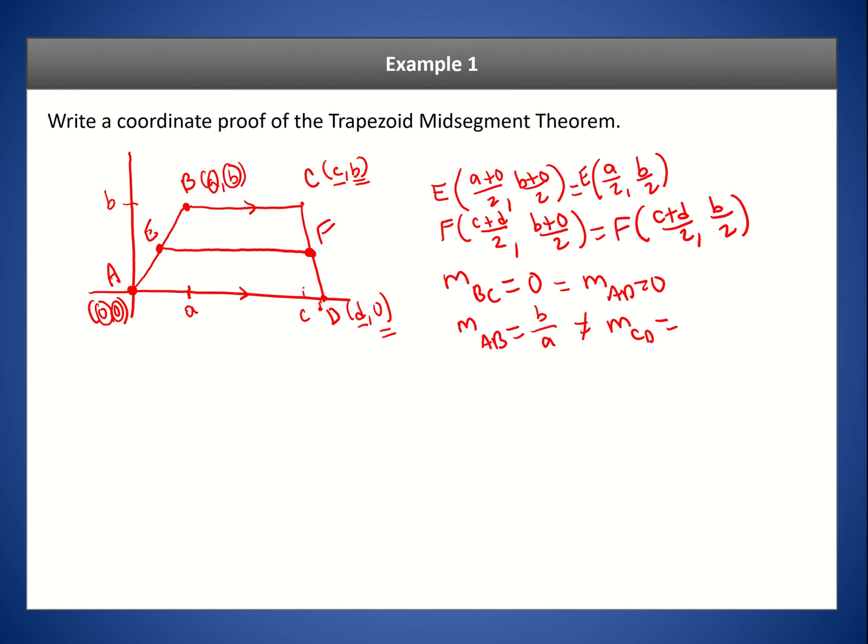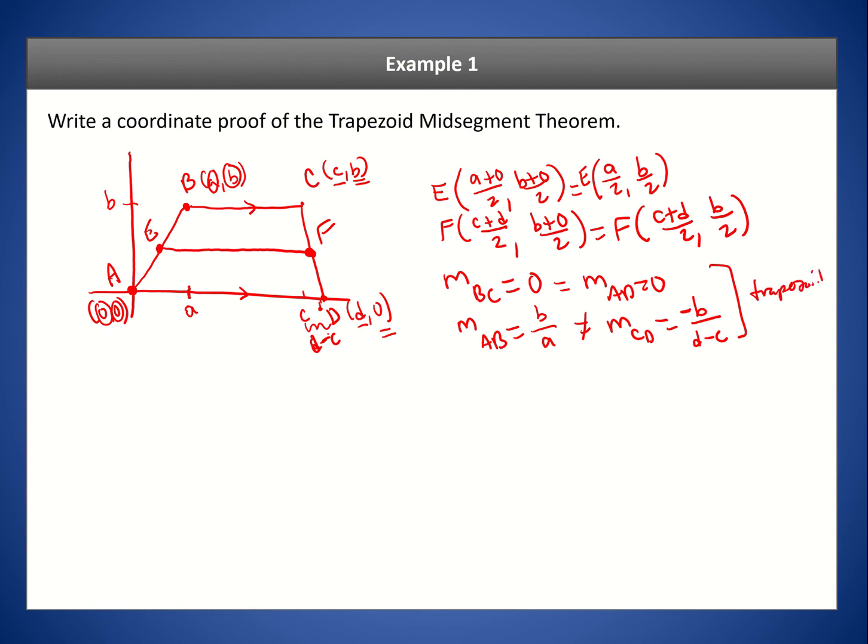You got to go down B, sorry, down B and over C minus D rather, you got to go over this little tiny amount, which is D minus C. So we know it's not the same thing because you got to go down B, but you got to go over D minus C. Like if D were 5 and C were 4, then you got to go over 5 minus 4, D minus C. And that's not the same thing as B over A. In fact, this is going down B, which is negative. So this is a trapezoid, okay?